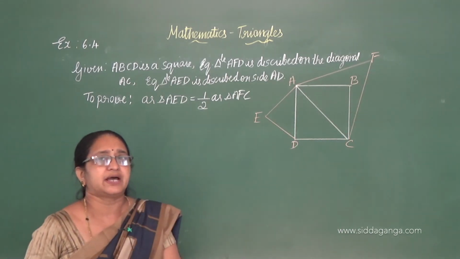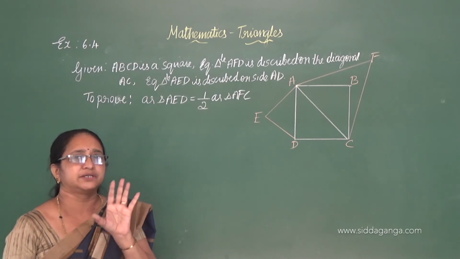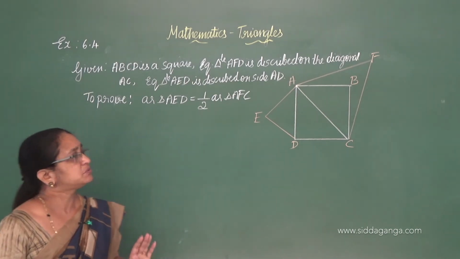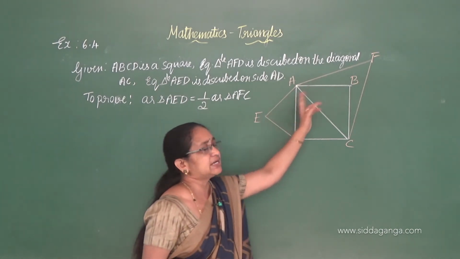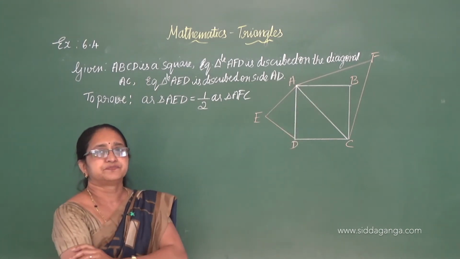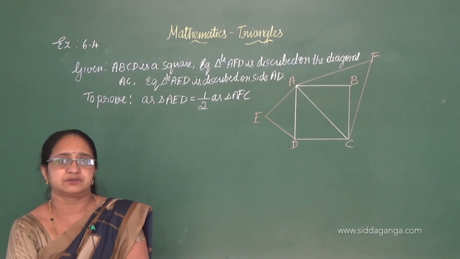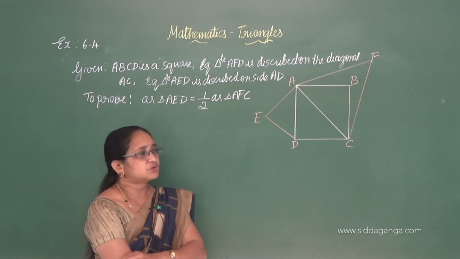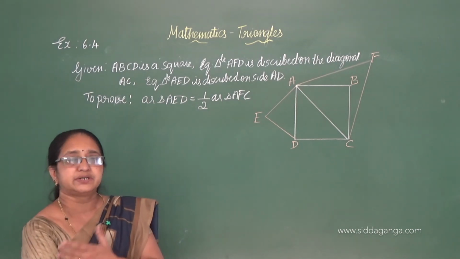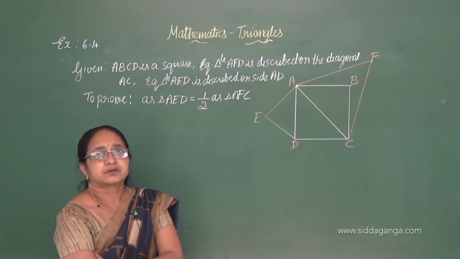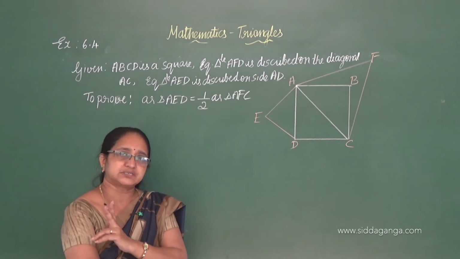And please note that the two triangles are equilateral triangles. Clearly they have mentioned two triangles are equilateral triangles. Why am I stressing this point? It's very important, because you need not prove that the two triangles are similar, since they have already given that the two triangles are equilateral.